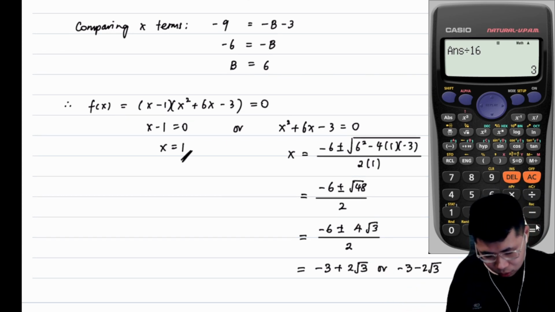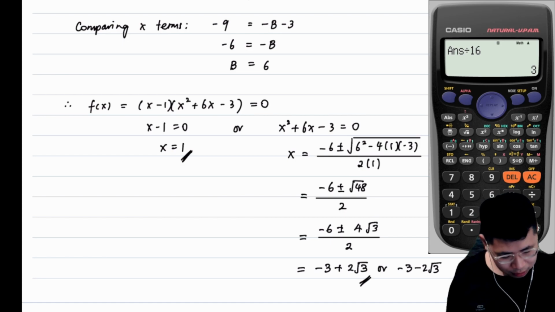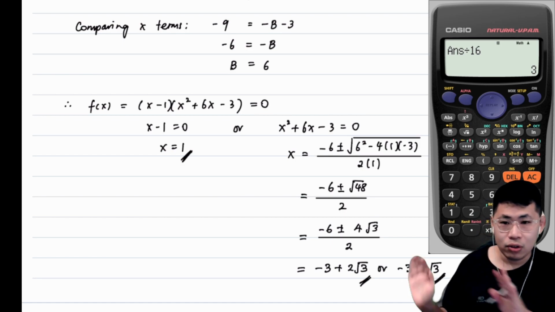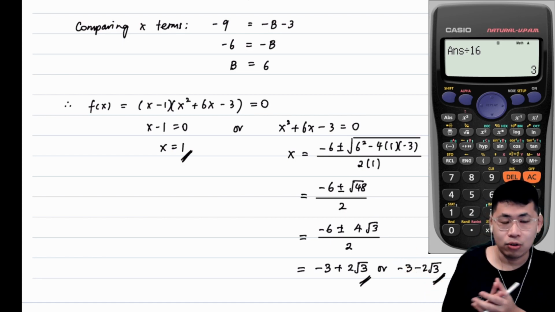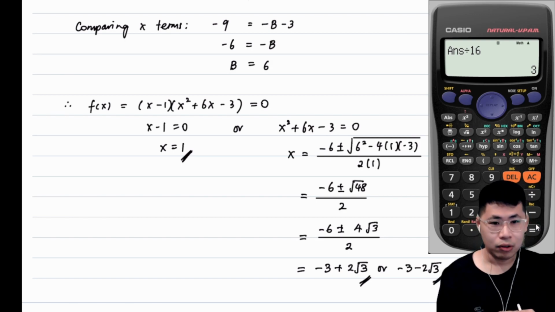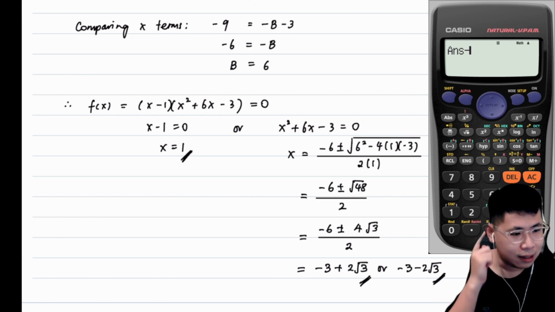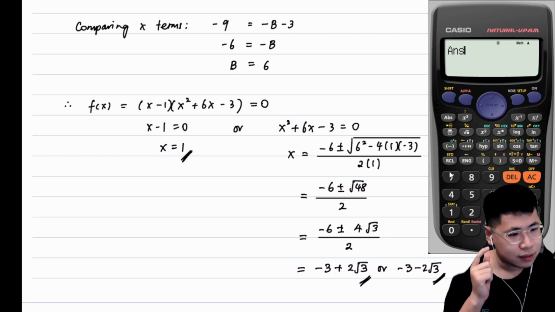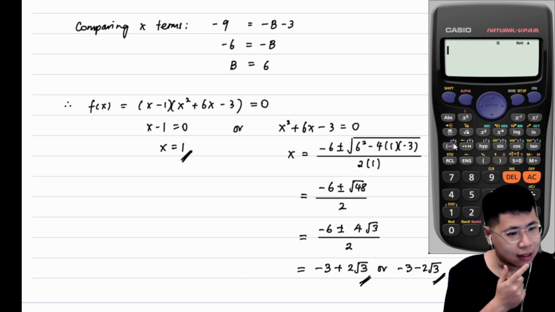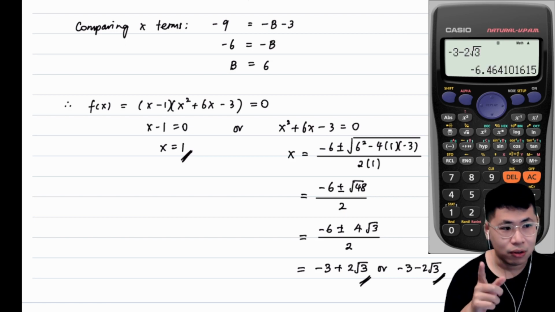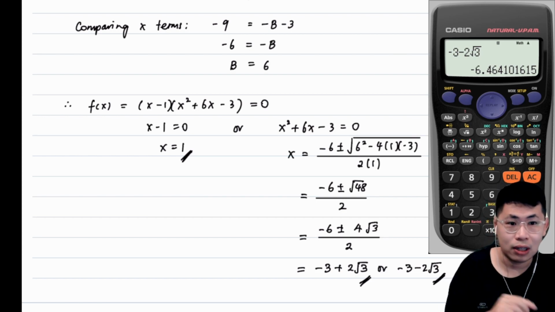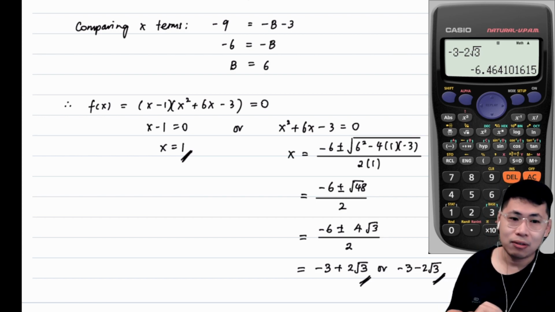If you want to compress into one surd form, no problem. So these are our 3 roots, and lo and behold, you see negative 3 minus 2 root 3 is going to give us negative 6.464, which was our first root that we saw just now, the awkward number that we saw just now.